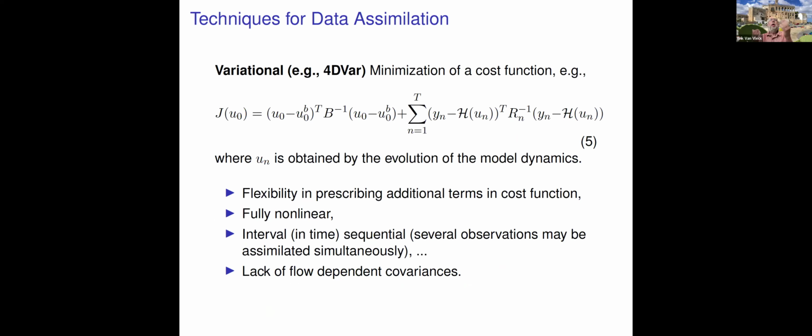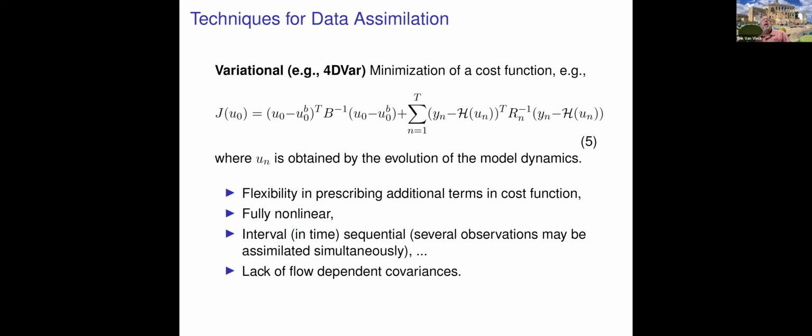Okay, so another approach is more a variational approach, going back to this 4D-Var formulation. Notice that this has nonlinearity in the H, in the observation operator, but also because the U_n is going to be a function of U_0 through the evolution of our physical model.